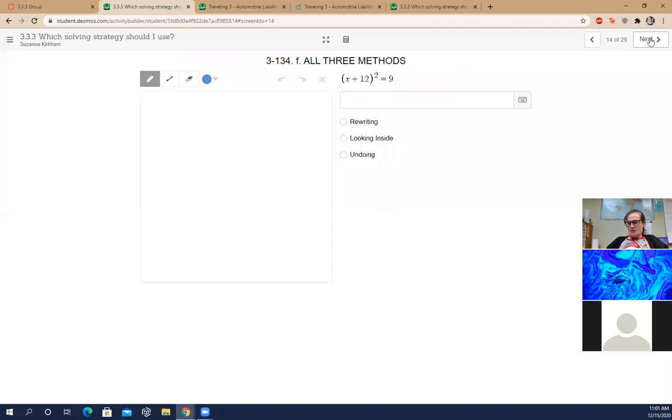Page 14. We've got x plus 12 quantity squared equals 9.